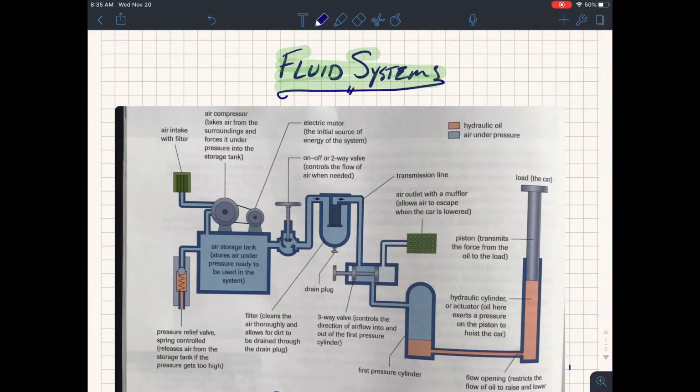Now, the first thing you need to understand is what a fluid system is. A fluid system is simply an arrangement of components, or parts, used to transmit and control forces in a fluid.